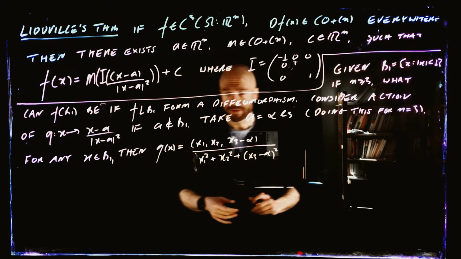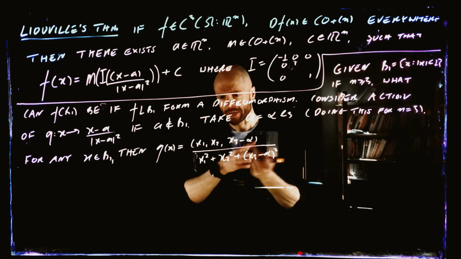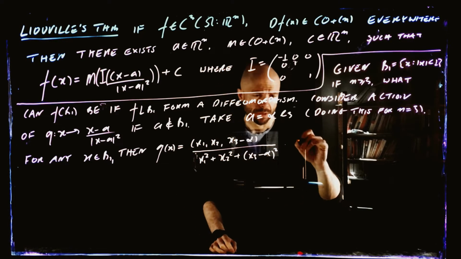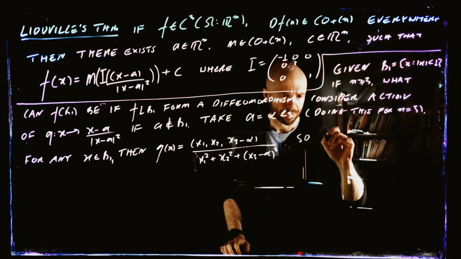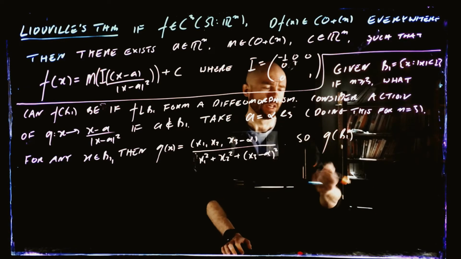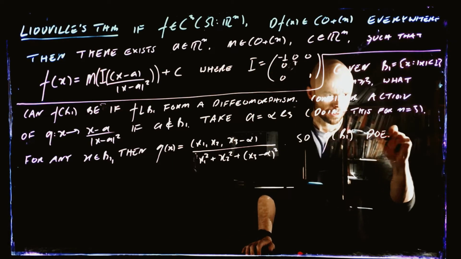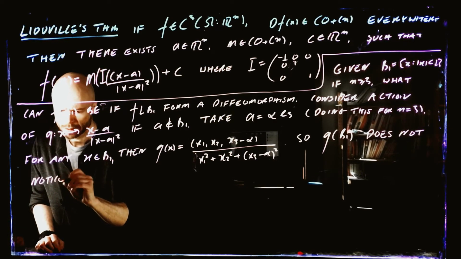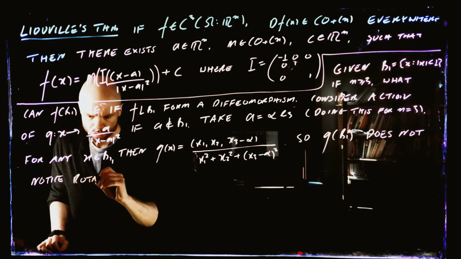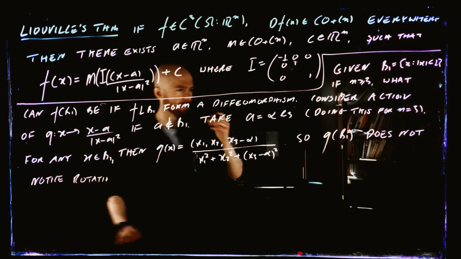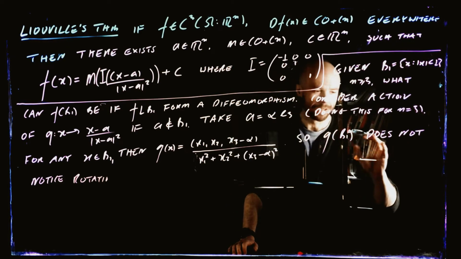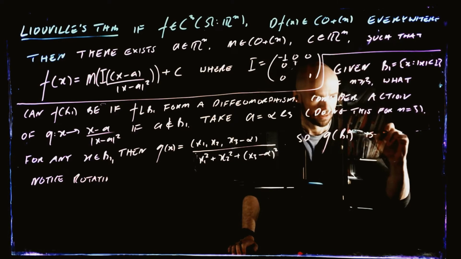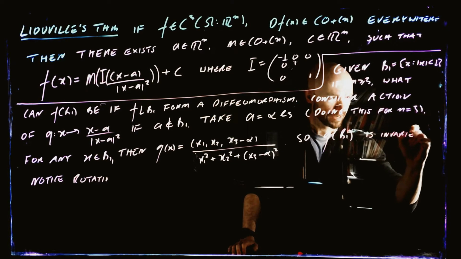Yeah? And then notice that this thing is invariant under rotations of x1 and x2, rotations of the plane, right? So the image of the unit ball is invariant under rotations, in the sense that it remains the same set.